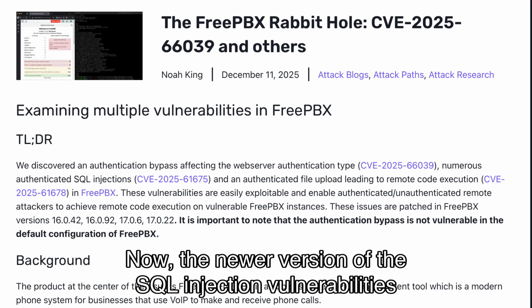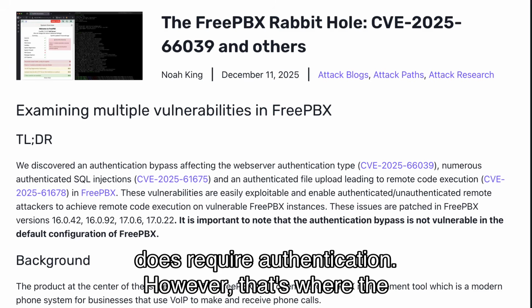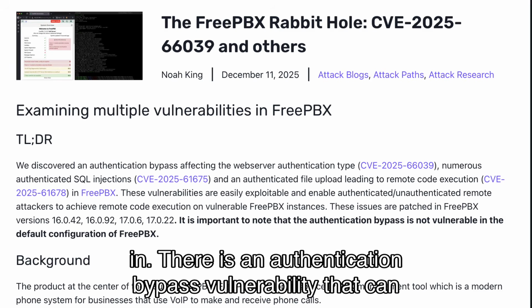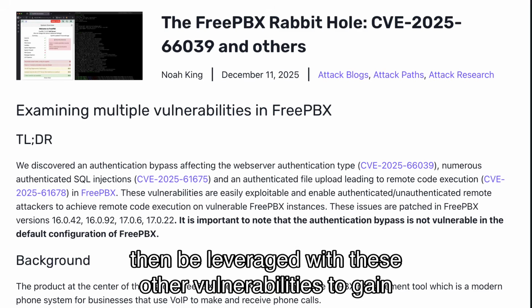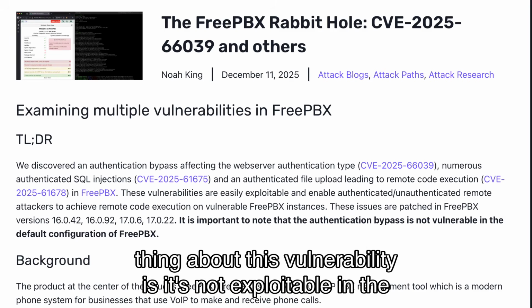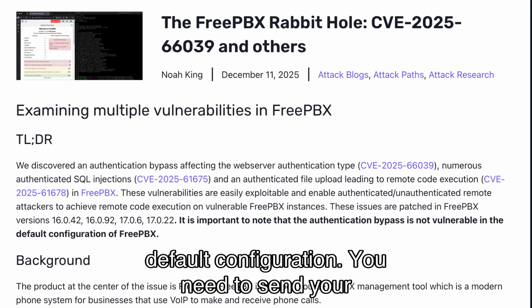Now, the newer version of the SQL injection vulnerabilities does require authentication. However, that's where the third and in some ways most critical vulnerability comes in. There is an authentication bypass vulnerability that can then be leveraged with these other vulnerabilities to gain unauthenticated full code execution. Well, the only good thing about this vulnerability is it's not exploitable in the default configuration.